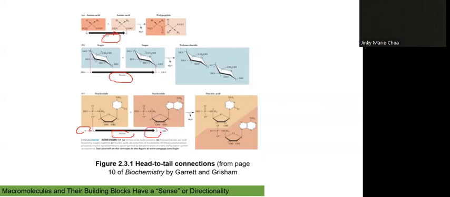And nucleic acids actually can only be synthesized in vivo in the 5' to 3' direction. So it's a bit vague at the moment, but when we go to your nucleic acids, you will understand what this 5' to 3' direction means. So in the next units, you will encounter head and tail in the structures of building blocks of biomolecules. So polymerization to form macromolecules occurs by head-tail connection as seen in this figure.